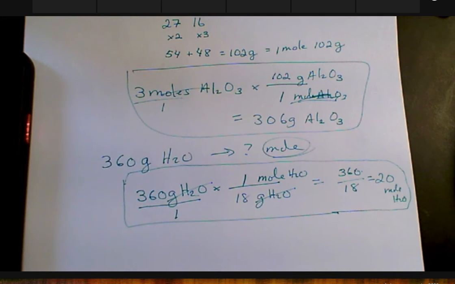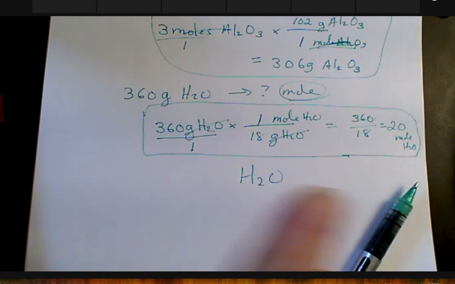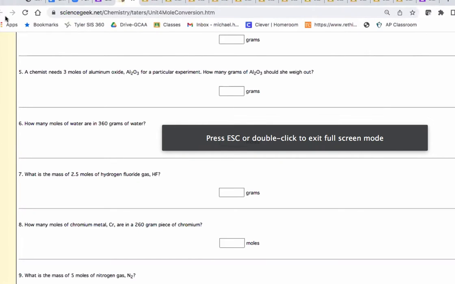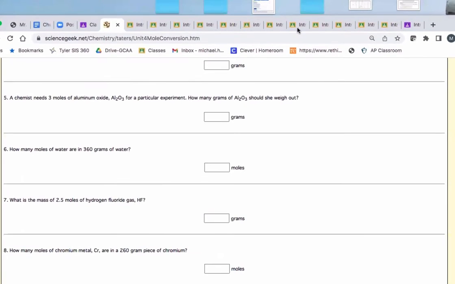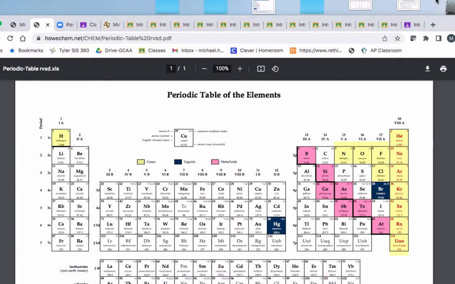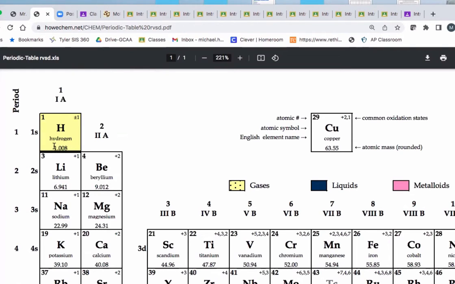The way I got 18 is like this. I know that water is H2O, so I look on a periodic table. I'll show you real quick. Okay, so if you go to hydrogen, right here, see hydrogen has a mass of 1, the bottom number there.